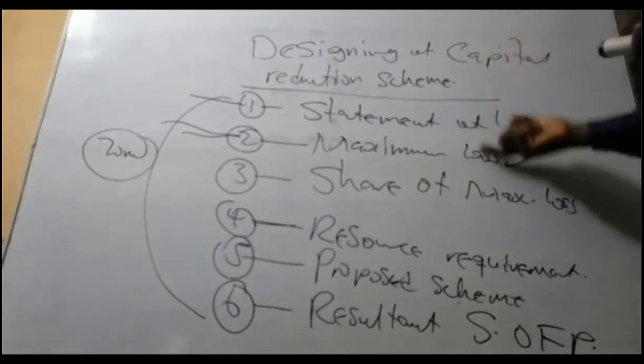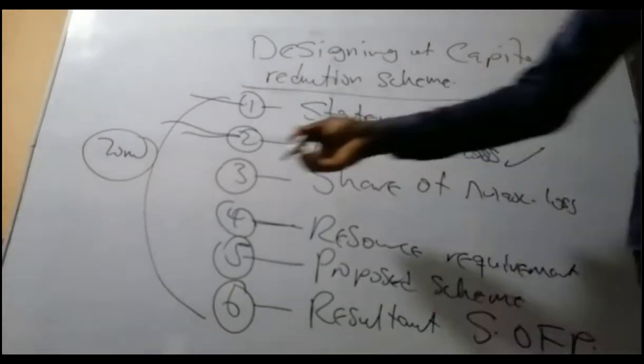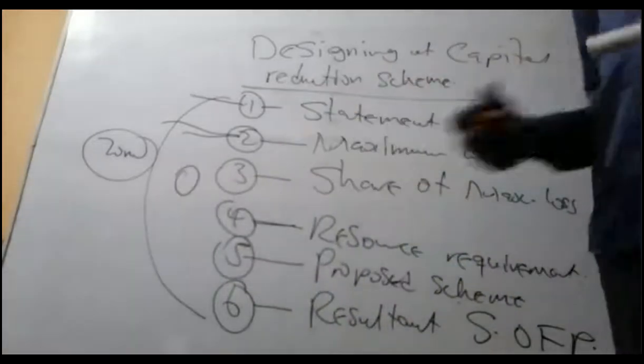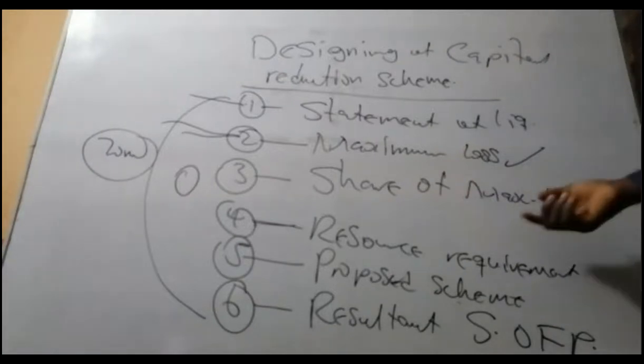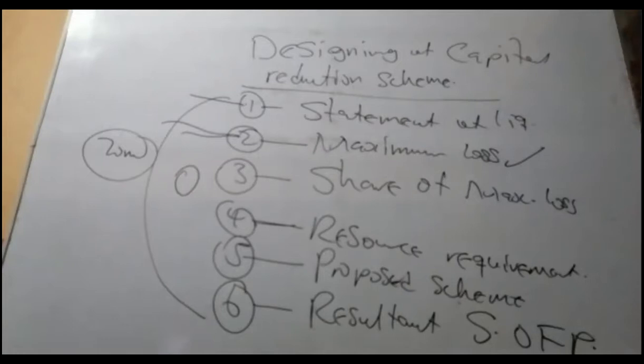Then you compare the losses at both ends. Then they can ask, if the reconstruction is accepted, what will be the next step, or the share of maximum loss in that order? We ask you individually, and then we award the 10 solid marks over there.